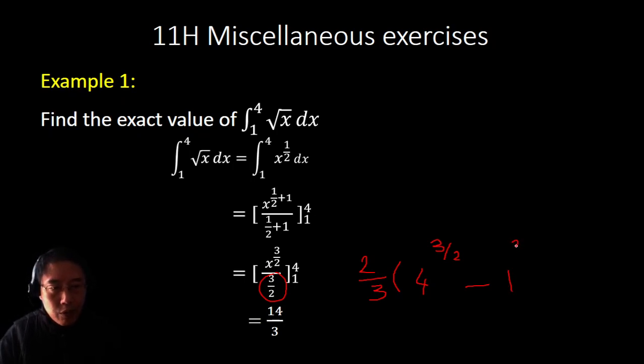To be thorough, I write it here, but it just simplifies to 1. Again, I did tell you to put brackets and I wasn't doing it. So don't forget to put the bracket here. You apply square root, you can do it on the calculator. So that's 8 minus 1, that's 7. 7 times 2 gives us 14 over 3.